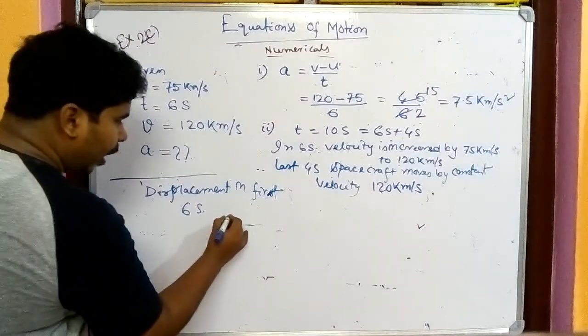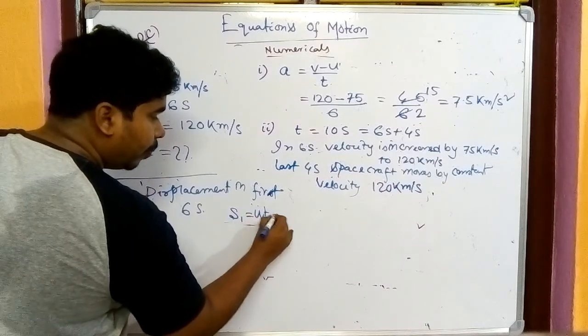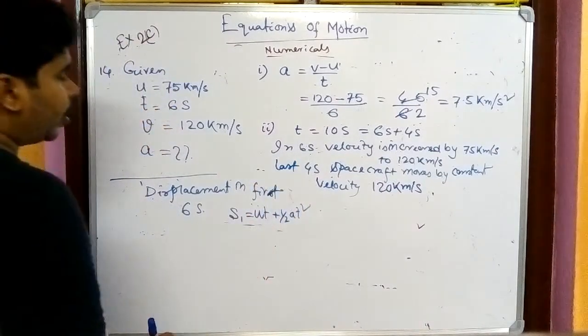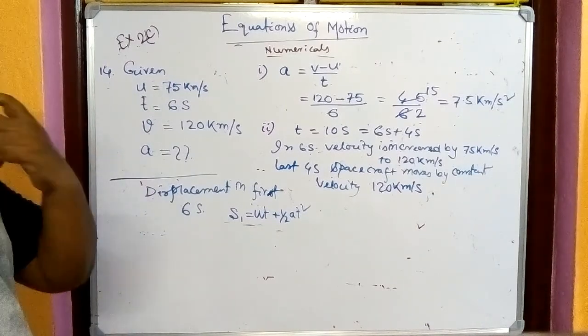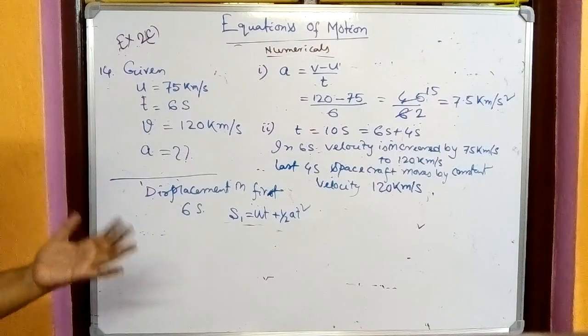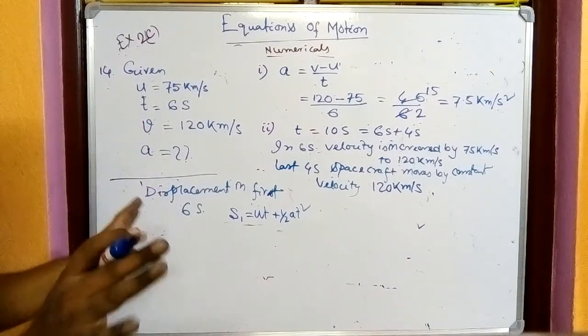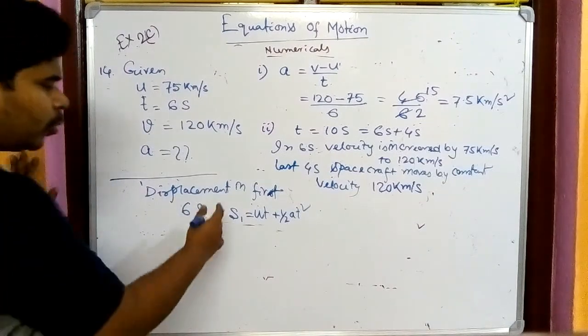Either you can go by s equals ut plus half a t square, or you can say a is there, so I can go by v square equals u square plus 2as. I don't have any problem. I just want s. Okay, I am going by this equation.